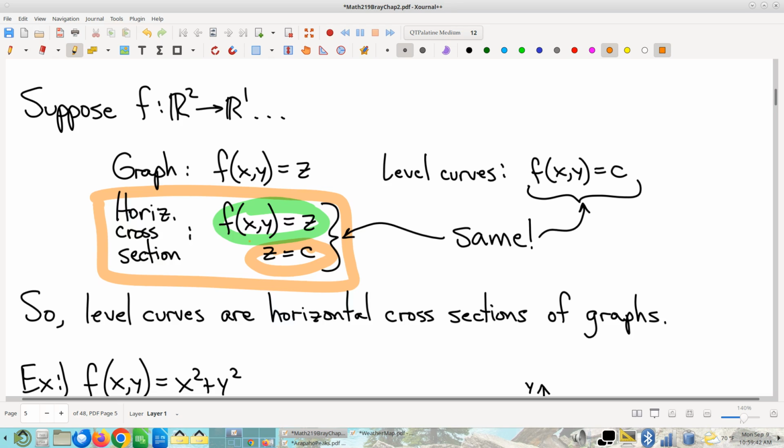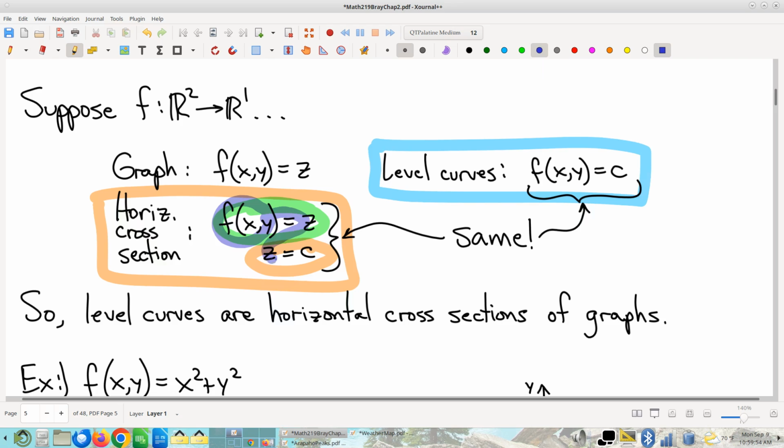That's going to take a slice. And notice what you get is, in fact, a level set, because setting f equal to z and z equal to c effectively just sets f equal to c. A quick little algebraic observation.